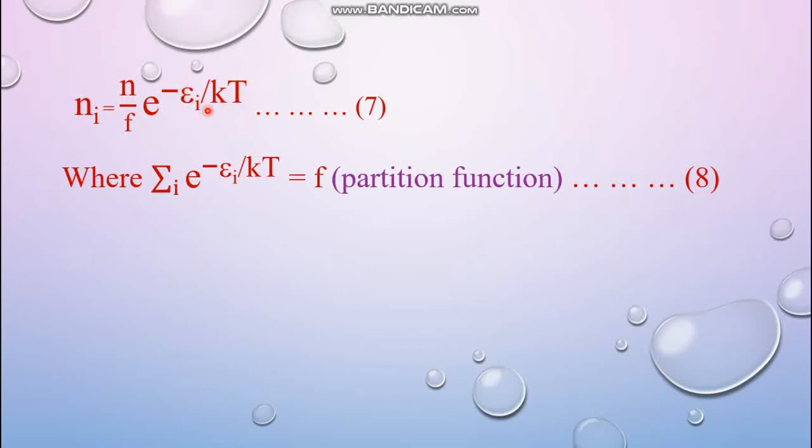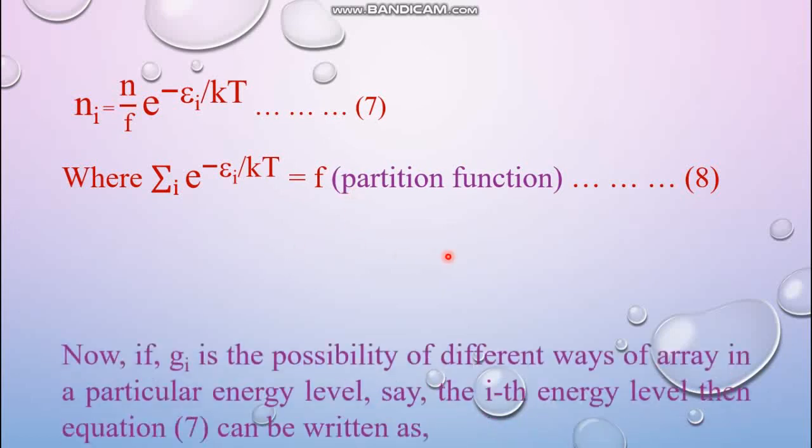Okay, and I am repeatedly saying that beta, 1 by kT, is known as the modulus of distribution, and it has the dimension energy inverse. So energy inverse into energy equals dimensionless, where we have to mention that sum over i e to the power minus epsilon_i by kT is f. Okay, this is known as the partition function, and you all are familiar with this term from the previous lectures. This is equation number 8.